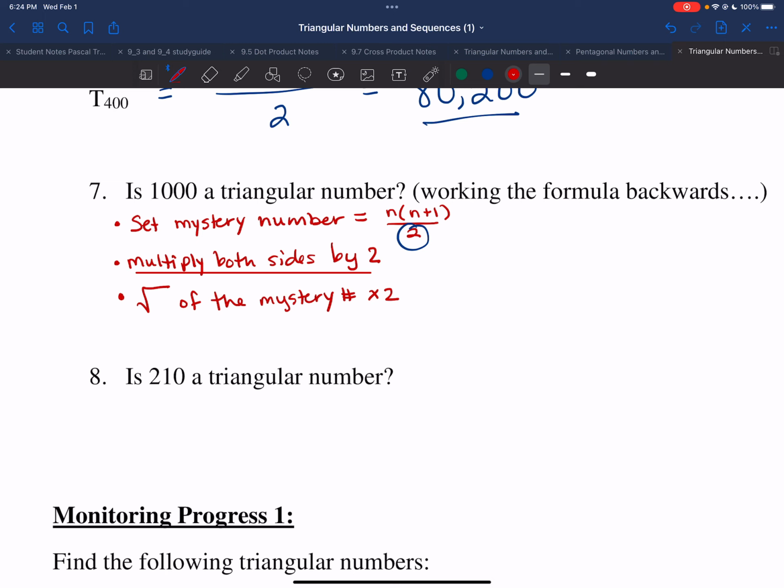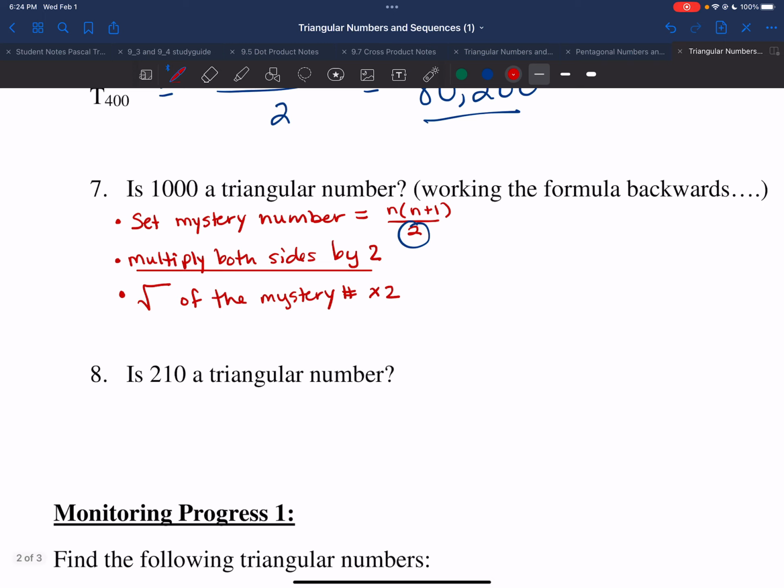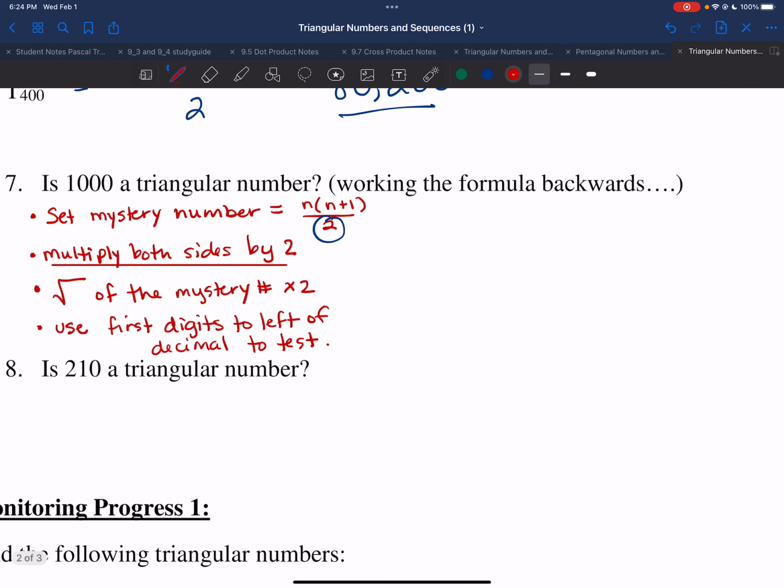I'm going to take the square root of that result, and then I'm going to use the first digits to the left of the decimal to test. Okay? And if we end up with that number, then we know we're in good shape.